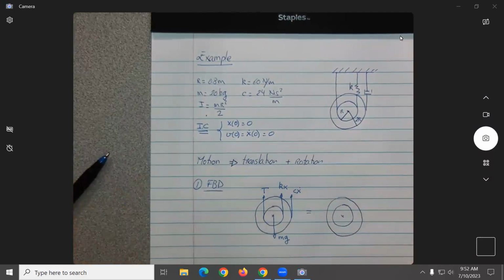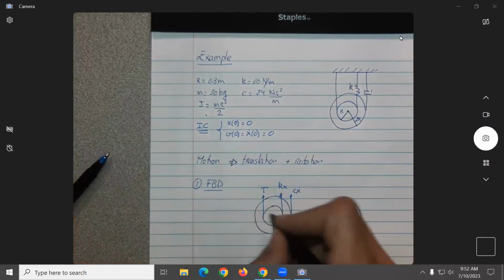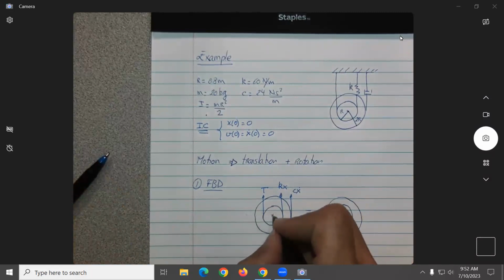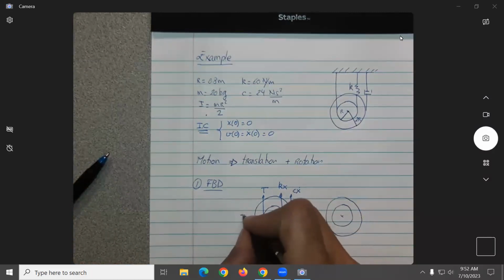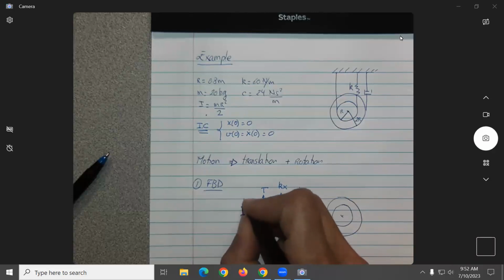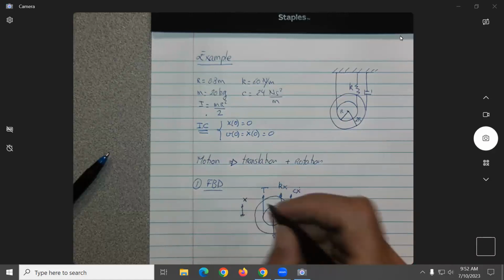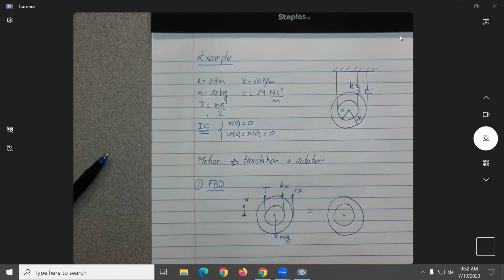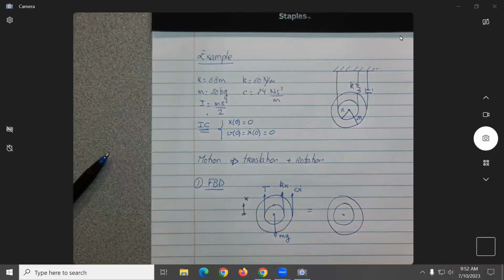Okay, and since we mentioned x, we look at the motion of x. Do you want to do it going up or down? Let's just do the normal sign convention, up, no? Let's call this x because this is going to be moving in one direction. We could call it y, but just call this x. Okay, next, what type of motion is this going to have?